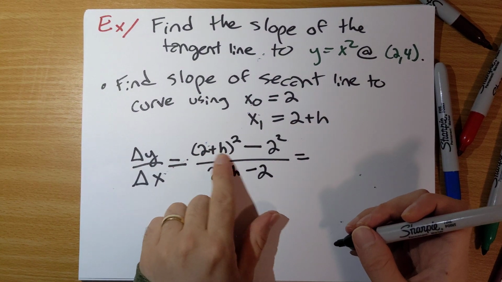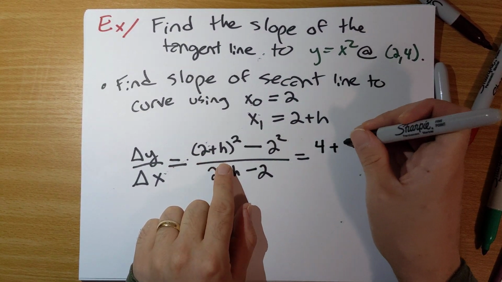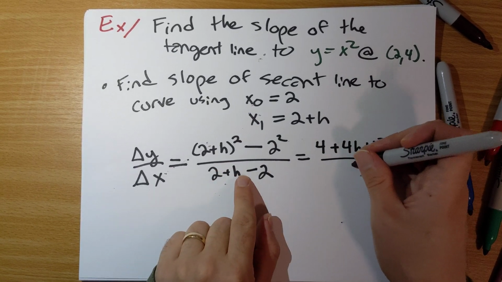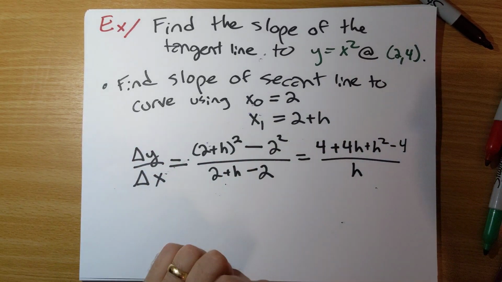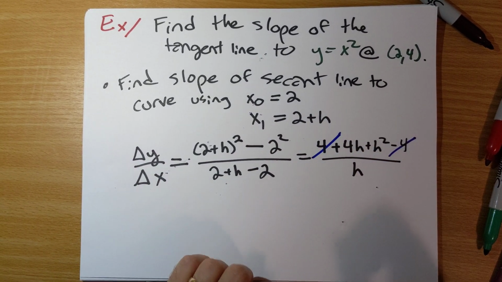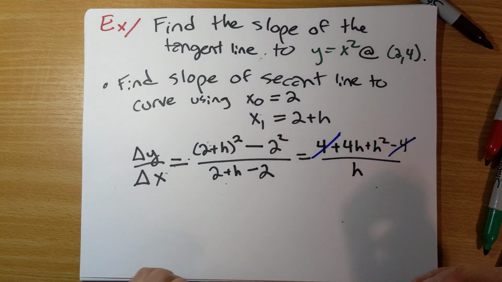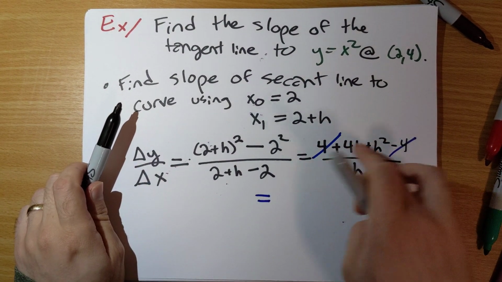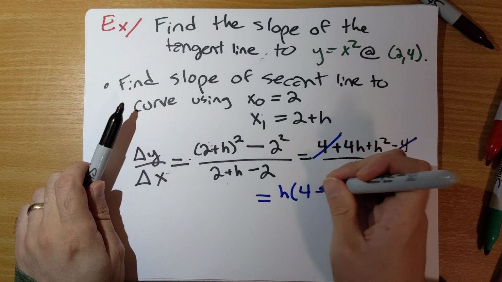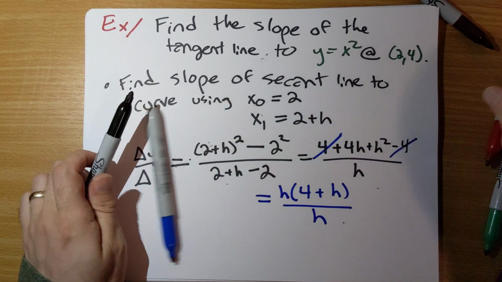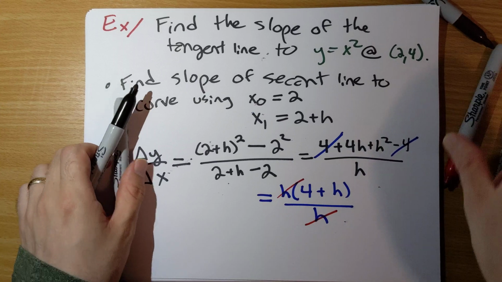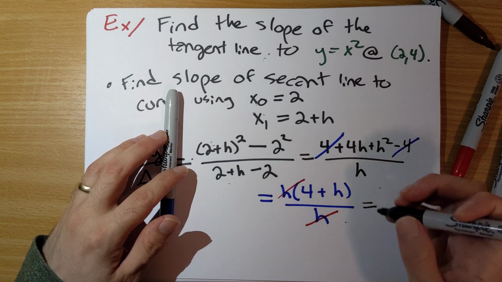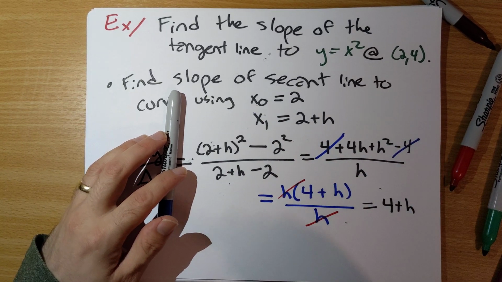Expanding out this term gives us 4 plus 4h plus h squared minus 4 over h. Those 4's cancel. And just as in our average speed example, the leftover terms have an h in them. So we can factor out an h, cancel h from the top and the bottom, and we're left with 4 plus h.